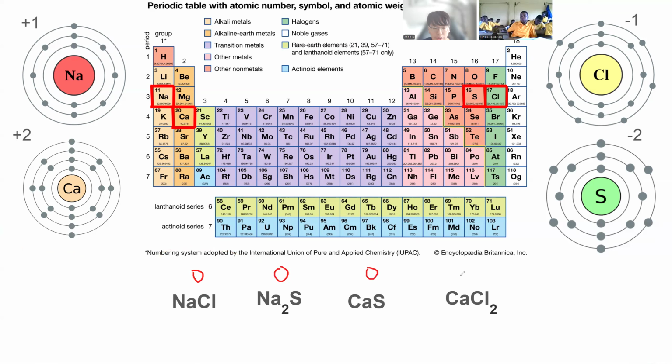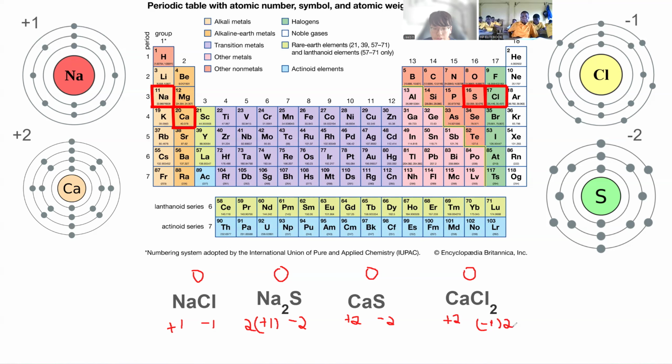All of these are 0, but the methods are different. So +1 -1 is 0. +1 times 2 is +2, then -2. This is +2 -2. And +2 and -1 times 2.